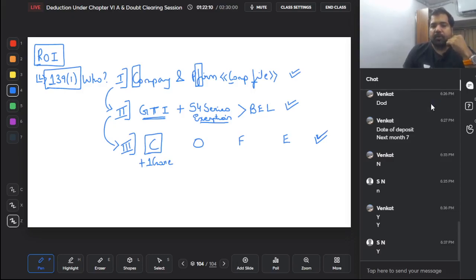If you hold assets outside India, O is outside India. If you hold any assets outside India, assets means MISB SATJO. If you hold any MISB SATJO outside India, including financial interest in a partnership firm, maybe you're a partner in a foreign partnership firm, then we want to know who you are. Please file your return of income.